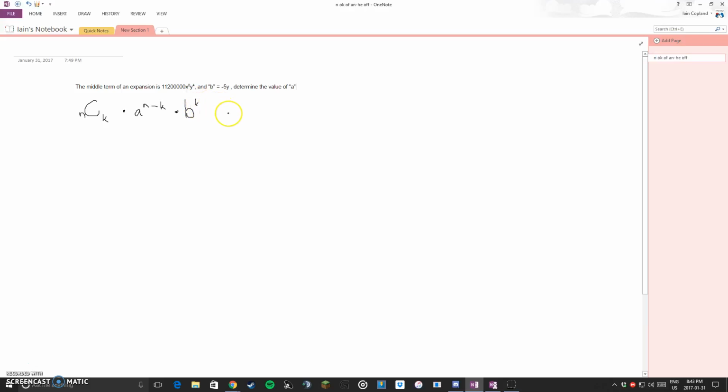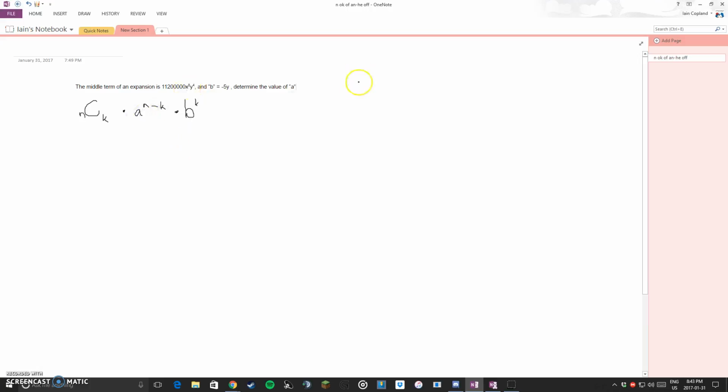So, first thing we need to think about, we immediately know that the b term is a first degree term, since y is only to the 1. Therefore, we know that the a term is 1 degree higher than that, since it's a 2-to-1 ratio here.